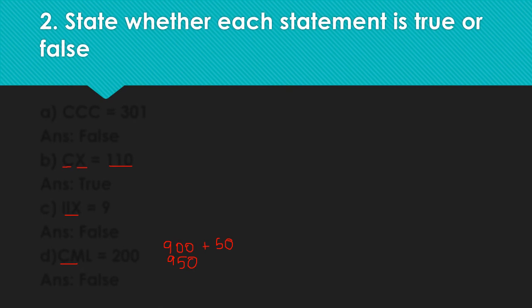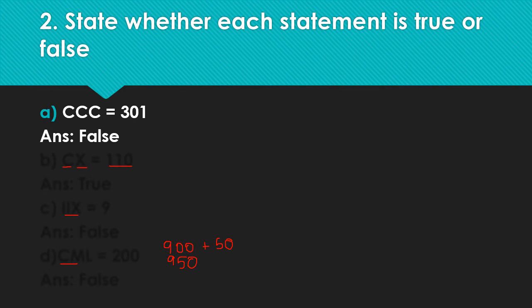Second problem, state whether each statement is true or false. First problem, CCC equal to 301. Whether it is true or false. So it is false because C stands for 100.